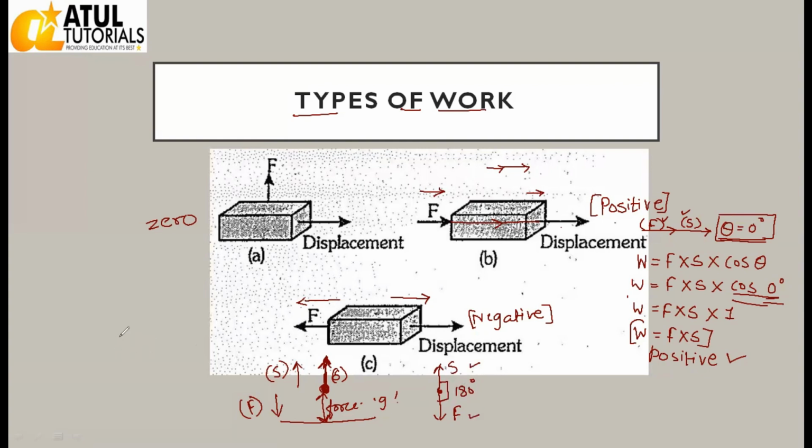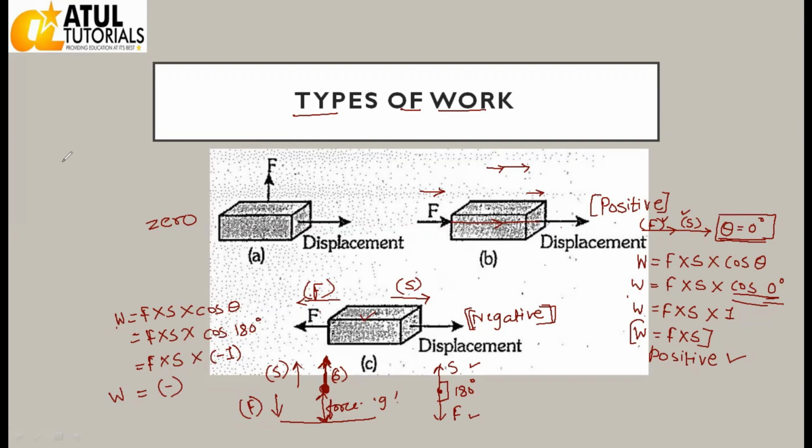And if we calculate work done for this case, as work done is equal to F into S into cos theta, we will get F into S into cos 180, and the value of cos 180 is -1, and therefore work done will be negative. So this particular work is termed as negative work when the direction of force and displacement is exactly opposite.